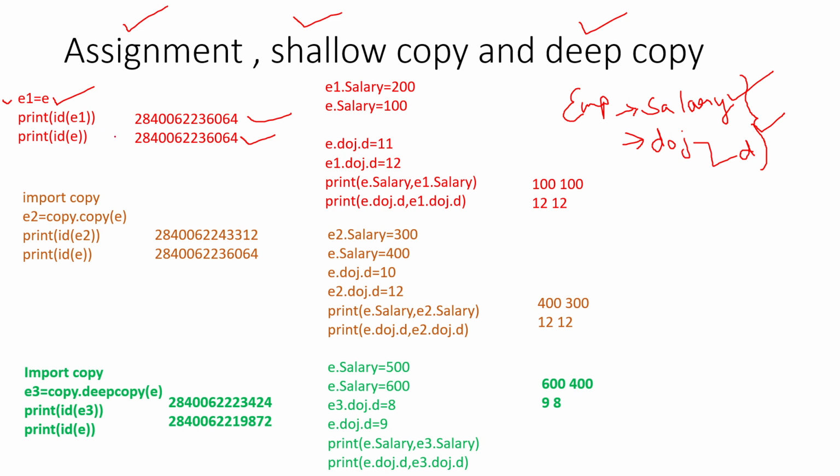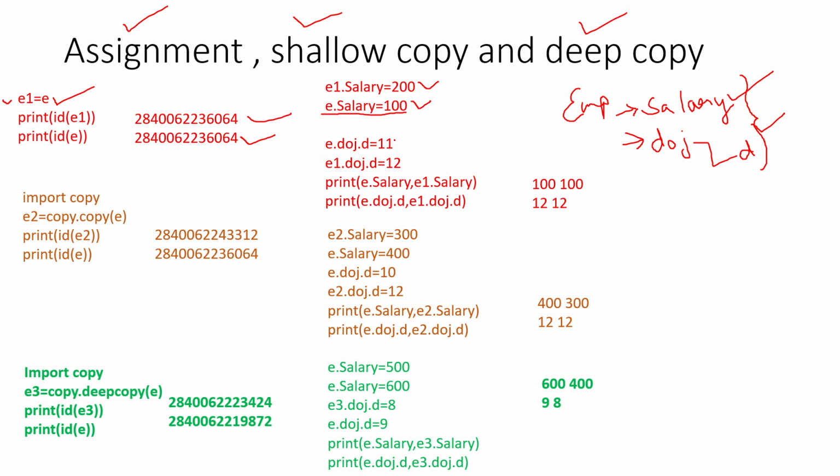Both refer to the same thing. When I say both refer to the same thing, whenever you modify an attribute of E or E1, it is reflected in the other also. You can see that here in this example: I'm modifying the value of the salary attribute to 200. Then I'm modifying the salary attribute of E to 100. As both are the same, the latest declaration, E.salary, is in effect.